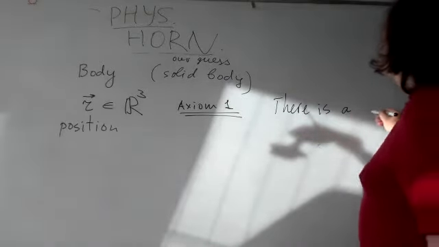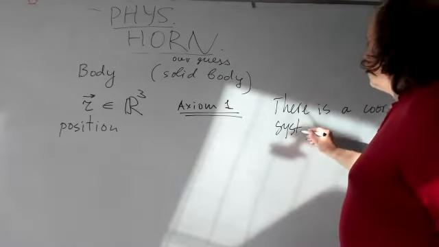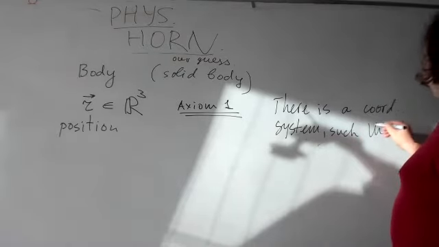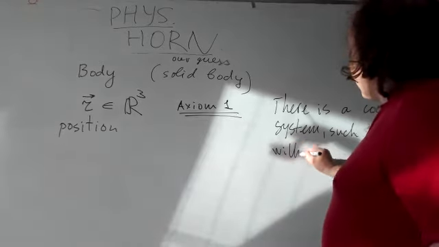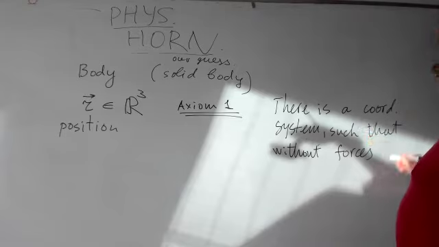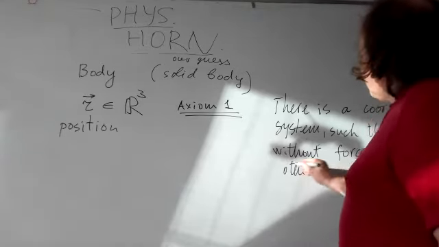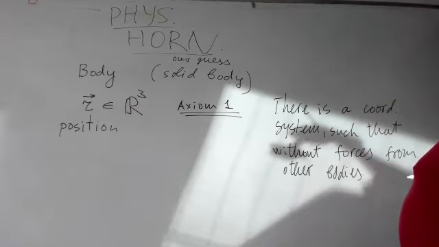There is a coordinate system such that, without forces from other bodies, a body has constant speed.